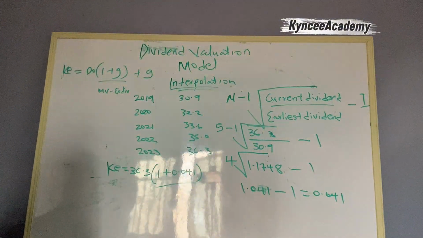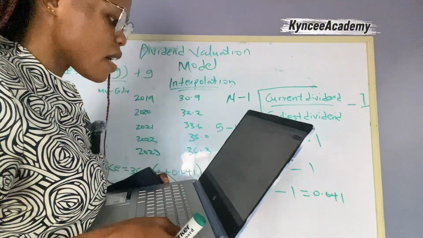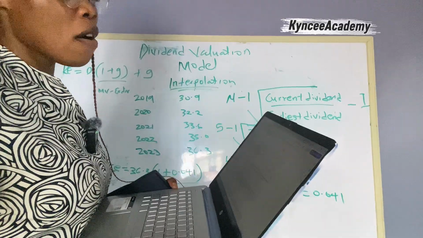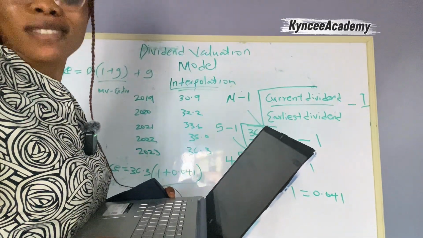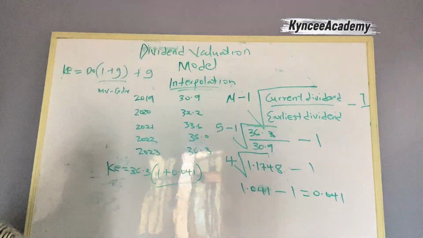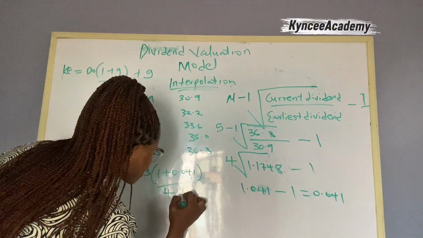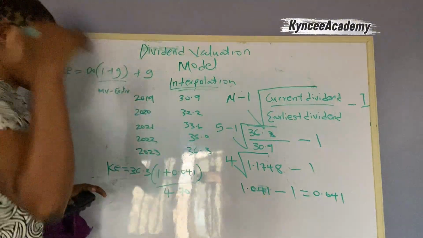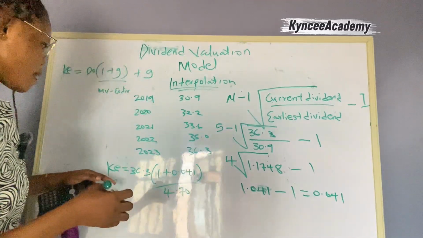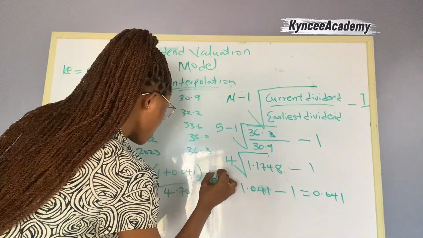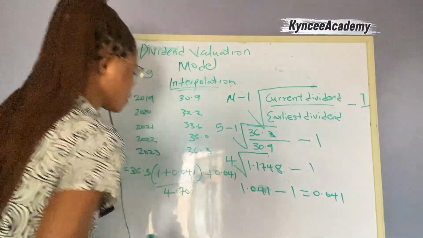What did our question say? Our question says market value ex-dividend of 4.7 naira. So our market value is 4.70, then plus 0.041.